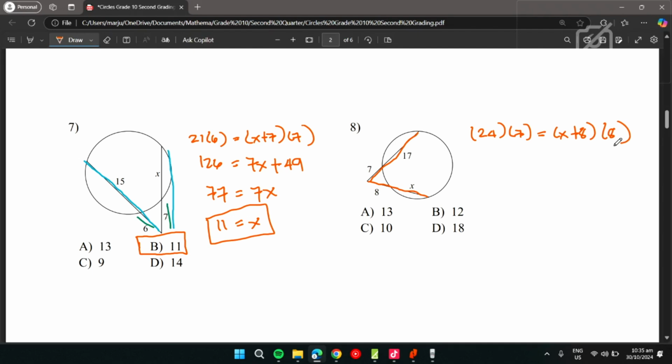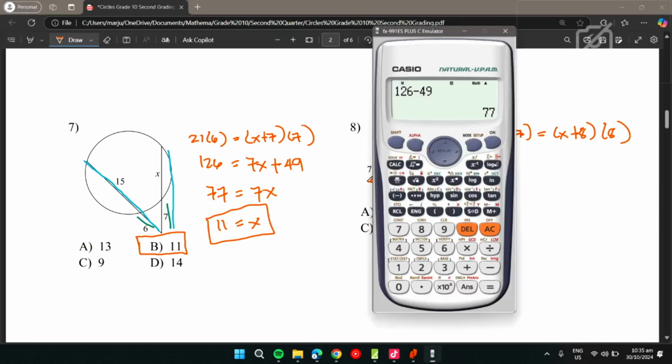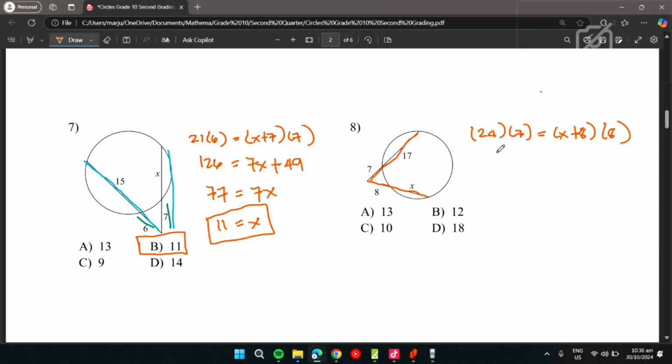So 24 times 7 is 168. So 168 equals 8 times x, 8x, and then 8 times 8 is 64. Then we subtract both sides by 64.